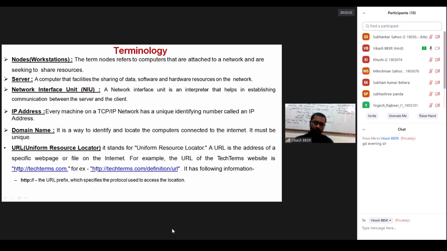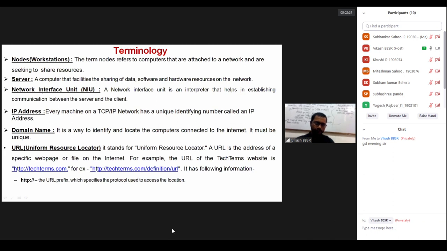And when that system is attached to the network for communication, then that computer is called a node, or you can say workstation. The next point we discussed is the server.